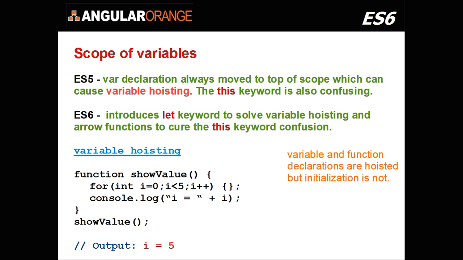So it could get very confusing when you have multiple i variables in different places in your code, and you don't know why you have a bug in your application.